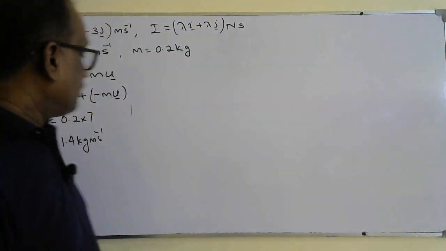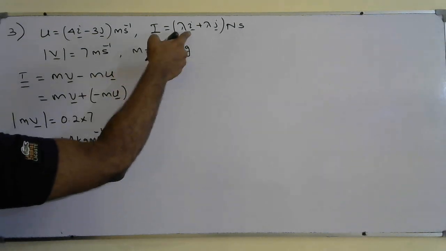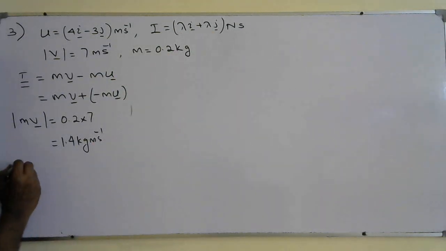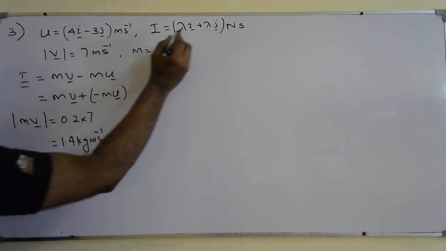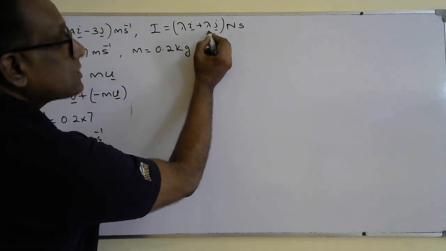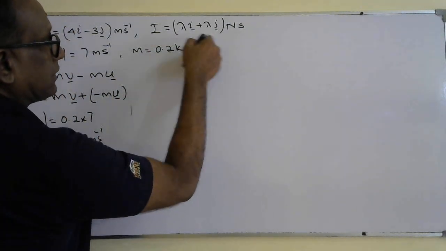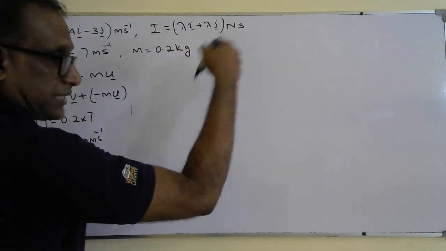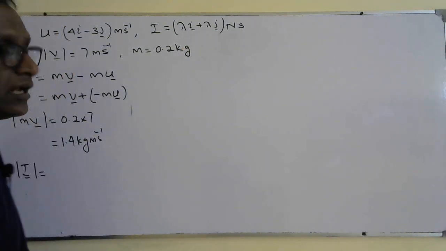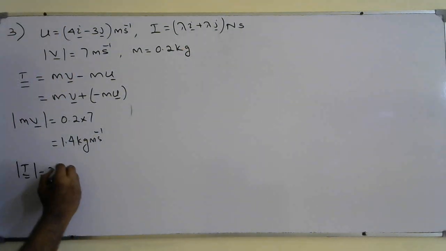Vector I is lambda i plus lambda j. So for vector I, the magnitude is the square root of lambda squared plus lambda squared. It will be lambda times root 2.